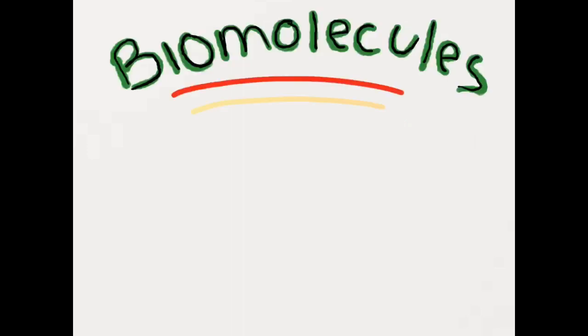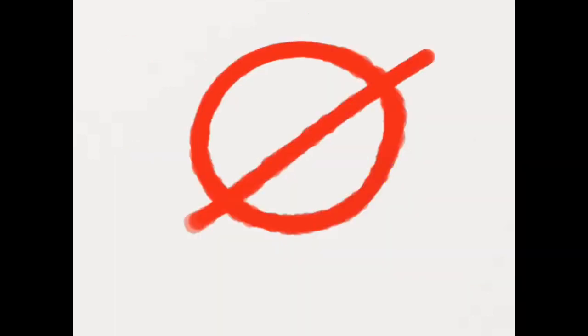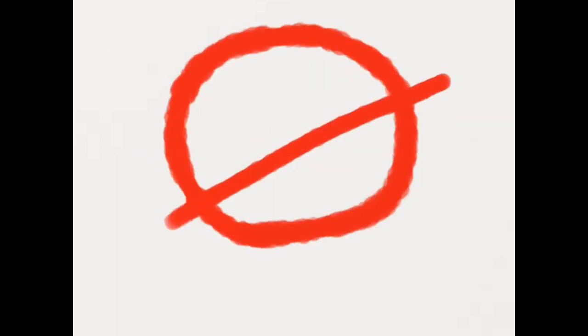So, to start off, we are going to explain biomolecules. Biomolecules are the basic chemical elements of all living beings. The elements are carbon for C, hydrogen for H, oxygen for O, nitrogen for N, phosphorus for P, and sulfur for S. Everything is composed by combinations of biomolecules, because by themselves they are useless.